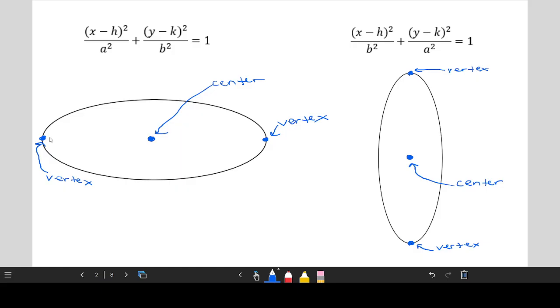And then this segment here that I'm drawing in with a dashed line goes through the center. I didn't draw that very well, but it goes through the center and connects the two vertices.